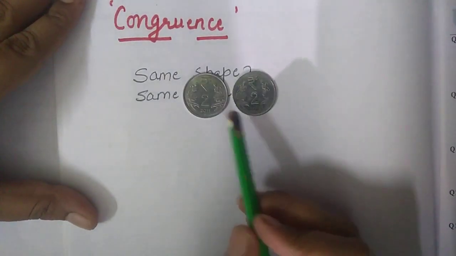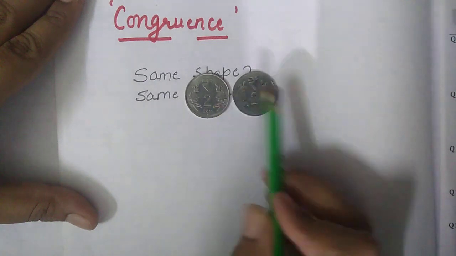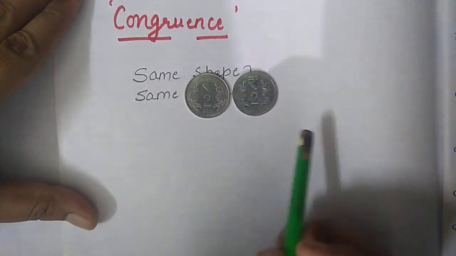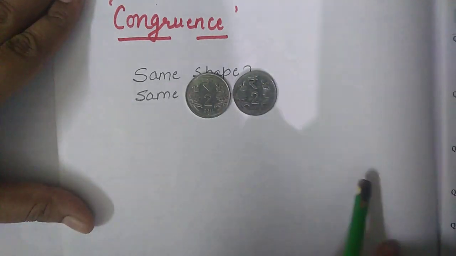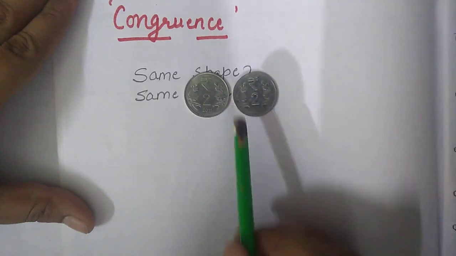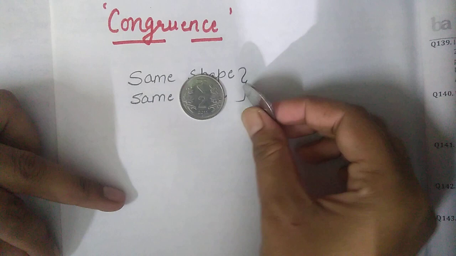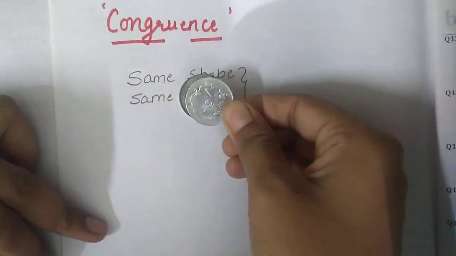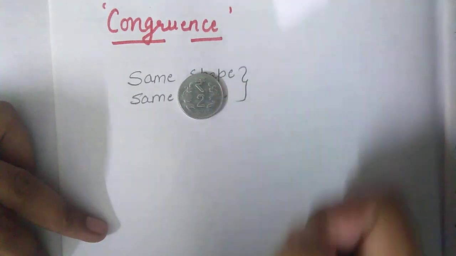One more example, I am having two coins of 2 rupees and they are of same shape and size, so I can say that these two coins are congruent, because they are having same shape and same size. If two objects have same shape and size, then obviously they will overlap each other.